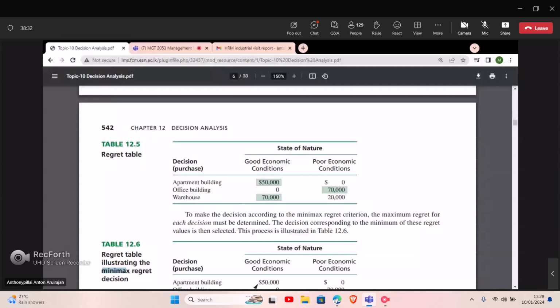In other words, if the investors purchase either an office building or a warehouse, they may lose 70,000 worth of regret. However, the apartment building only.